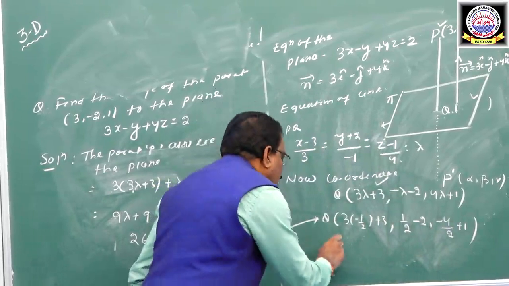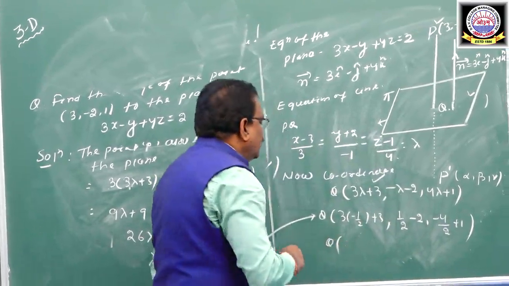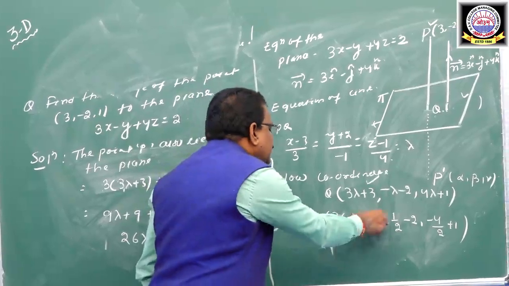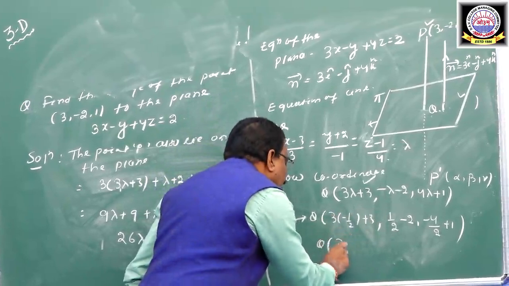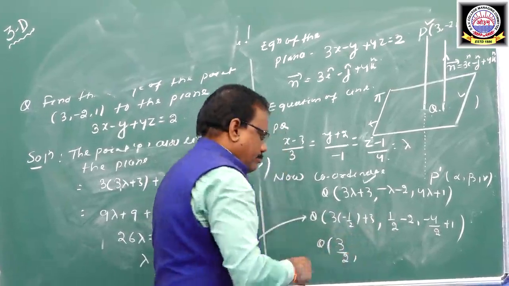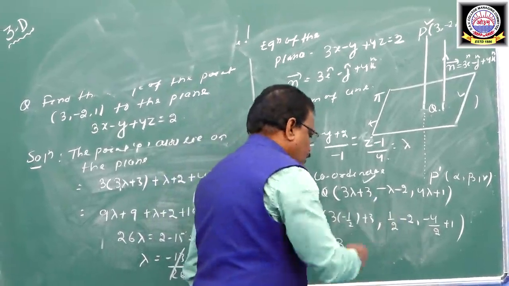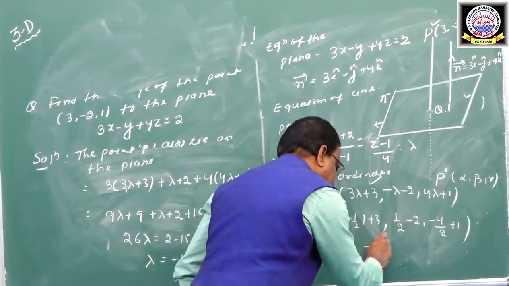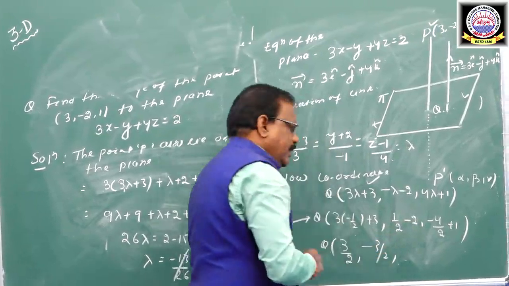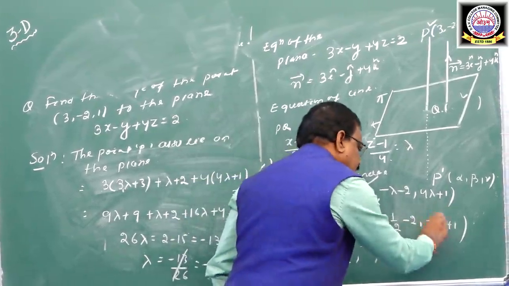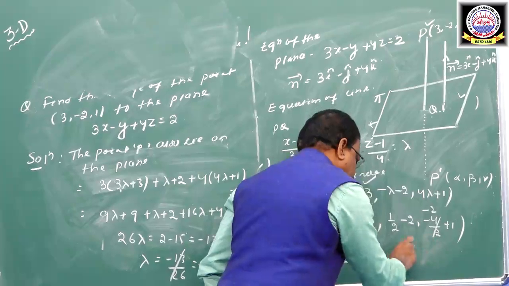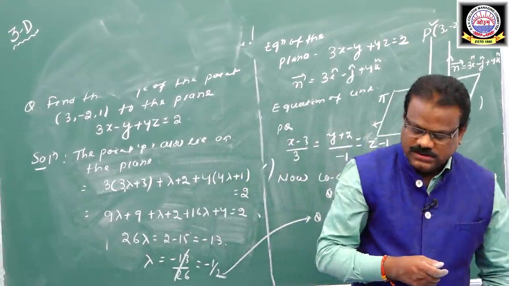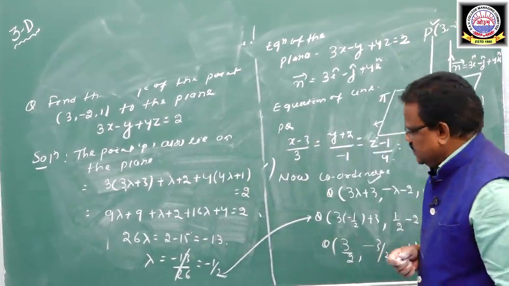So it is minus 3 by 2, which means 6 minus 3, 3 by 2. Then 1 by 2 minus 2 is minus 3 by 2. Then minus 2 plus 1 is minus 1. Check yourself, because each step you have to check whether it is correct or not.